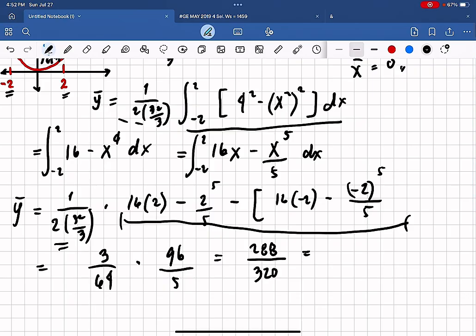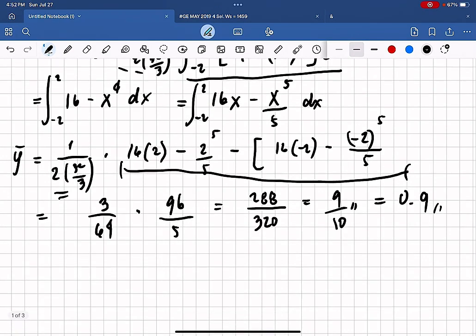So the lowest term for that is 9 over 10, and turning this into a decimal gives us 0.9. So the value of our y is equal to 0.9, or 9 over 10.